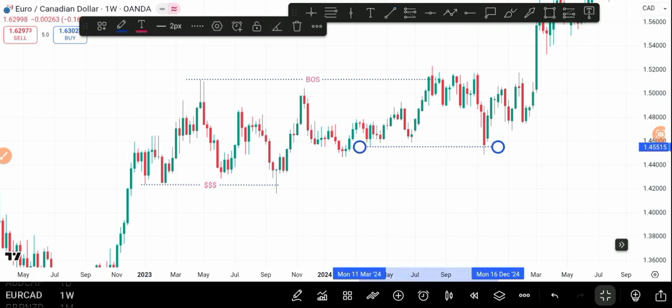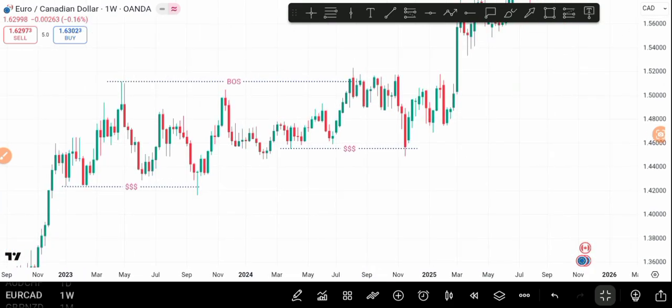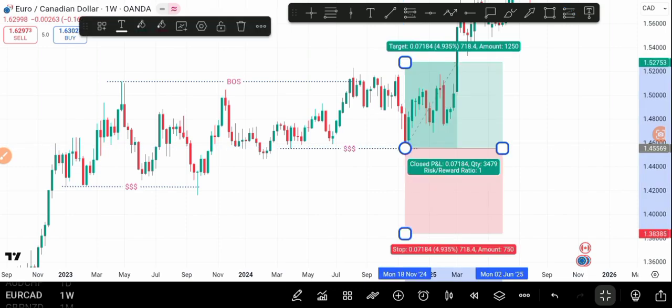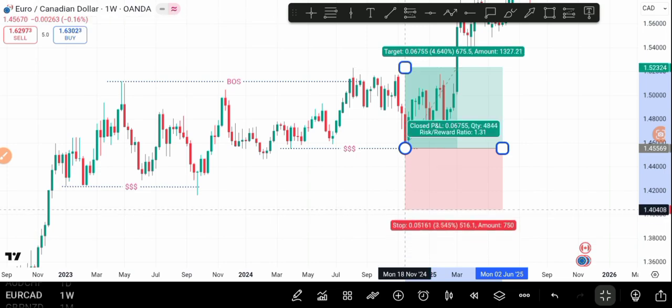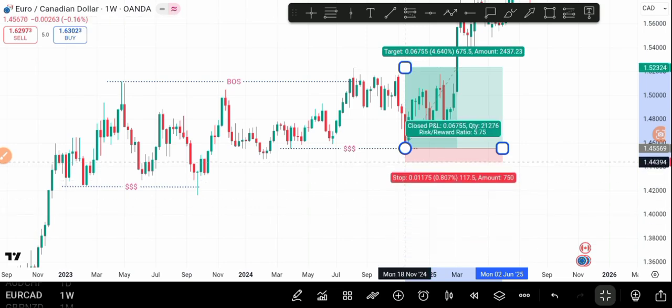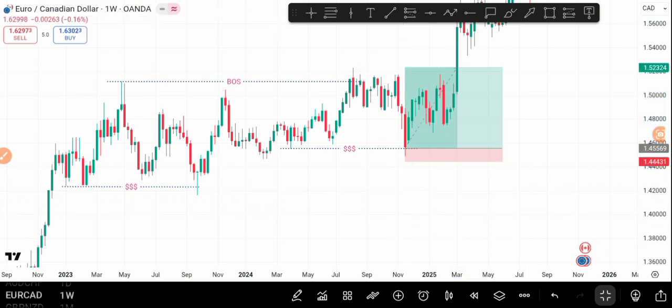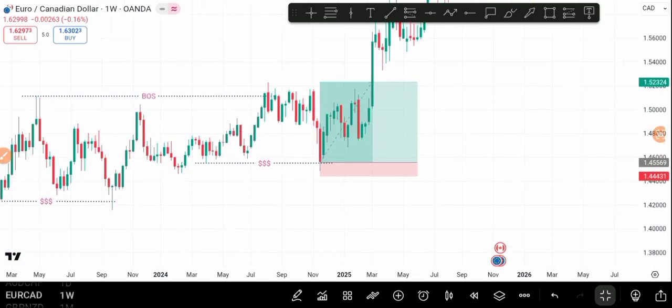The price took this liquidity and then pushed back. So another buy from this point. You could have bought from this point to this buy here, and your stop loss at this point. Yes, like that. So this is our second buy.